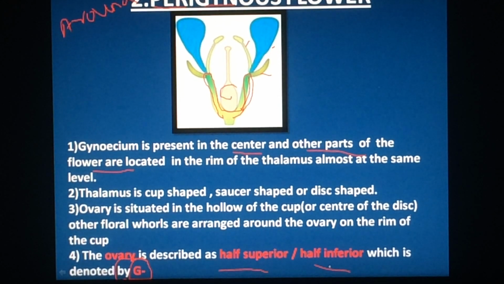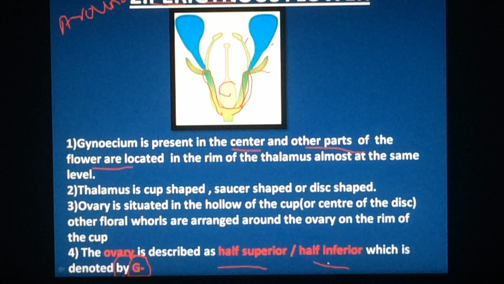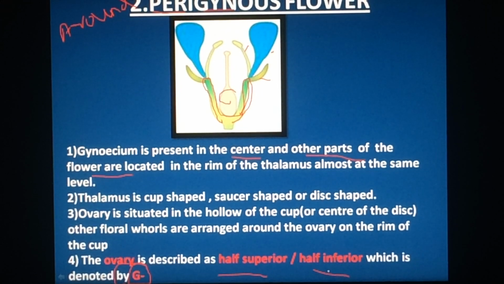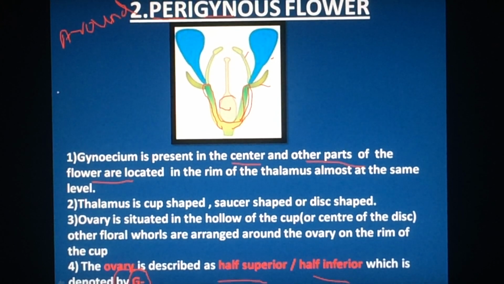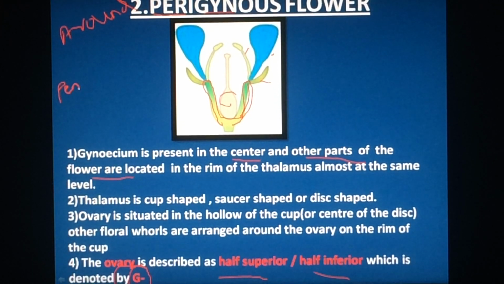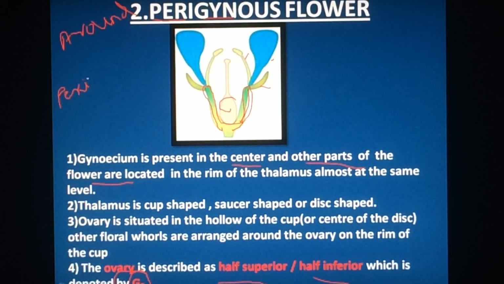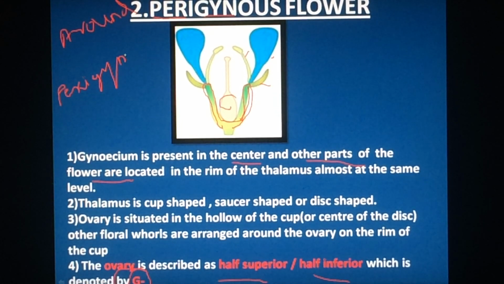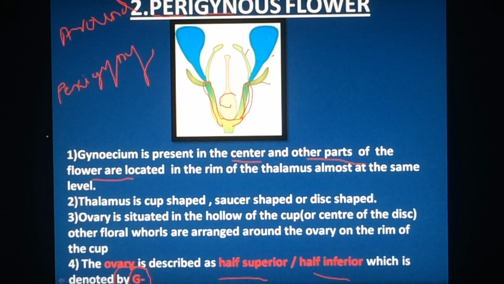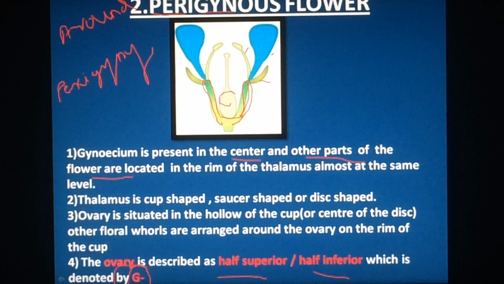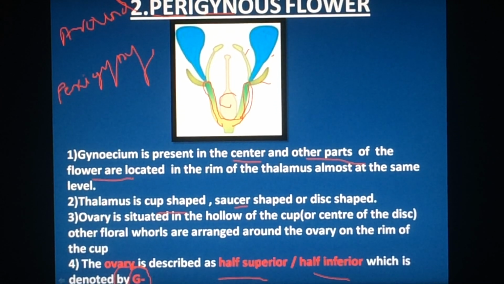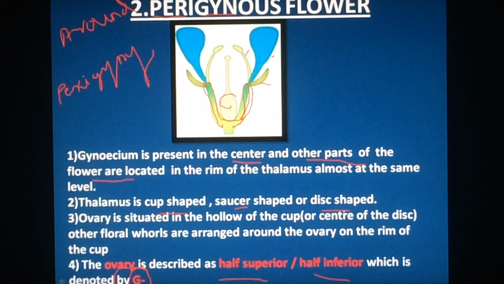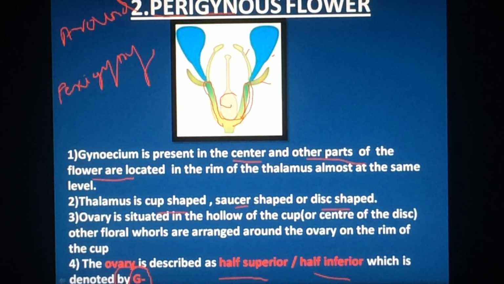Where half superior, half inferior ovary is there and all other floral whorls are almost at the same level, such flower is called as a perigynous flower, and such condition is called as perigyny. Then how is the shape of thalamus? It is cup shaped, saucer shaped, or disc shaped also may be present.